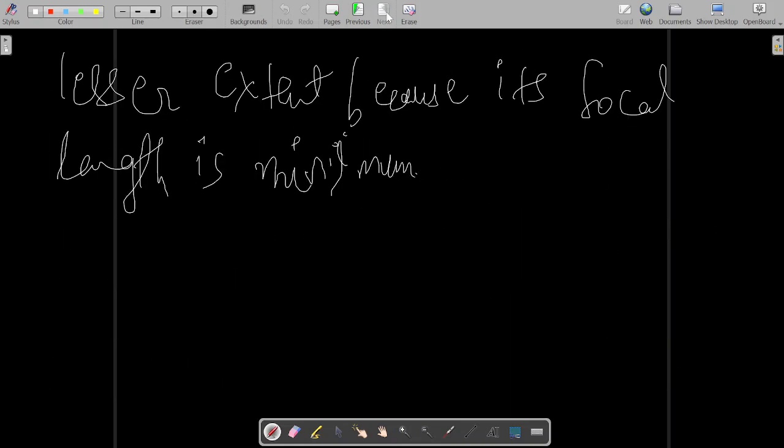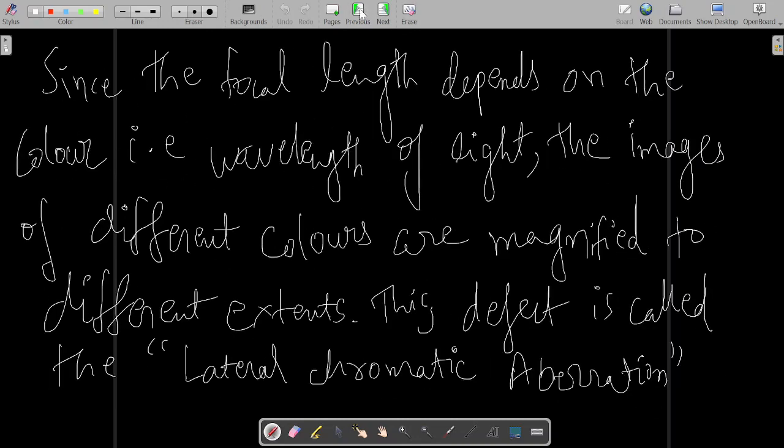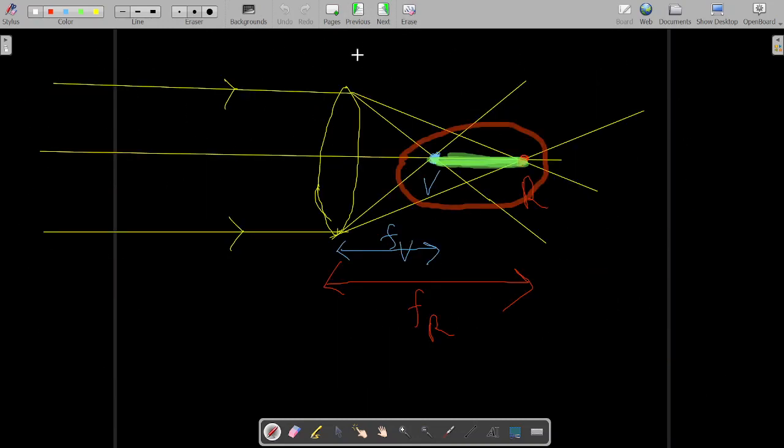So this is what is meant by lateral chromatic aberration. Why have we called it lateral? Because now as we are talking about magnification, we are talking about this particular area, perpendicular to the axis. Magnification is always perpendicular to the axis, right?